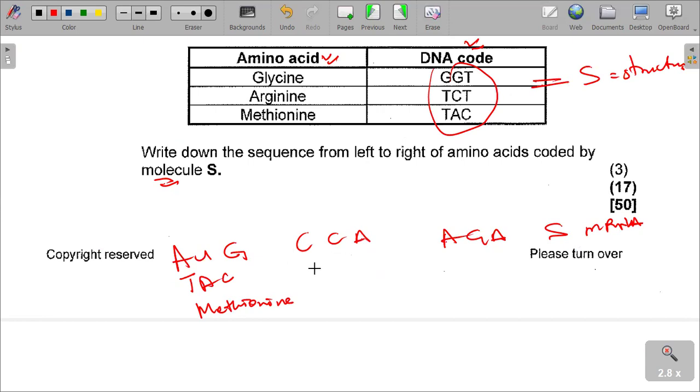CCA obviously is going to be GGT, which is represented by glycine. And then obviously the last one is going to be TCT, which is arginine.